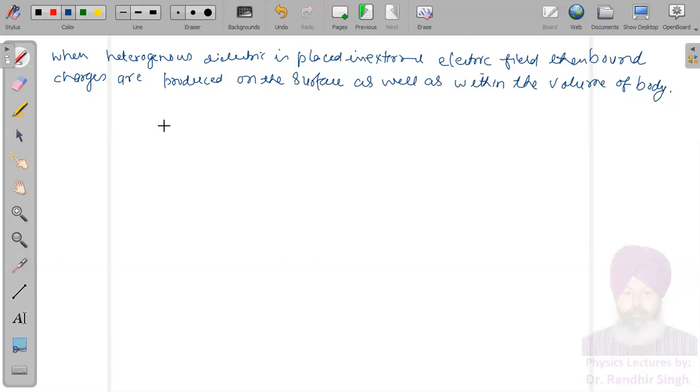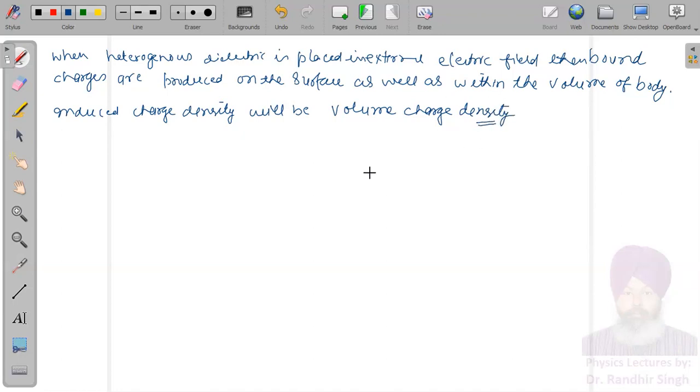So, because of this, the induced charge density will be volume charge density. This is the main difference. You have studied in school physics polarization of homogeneous and non-polar dielectric.